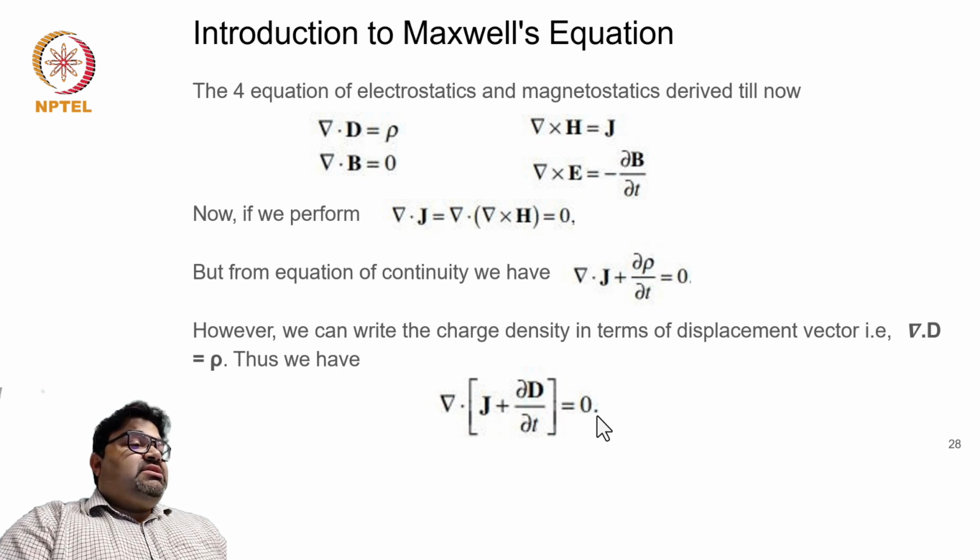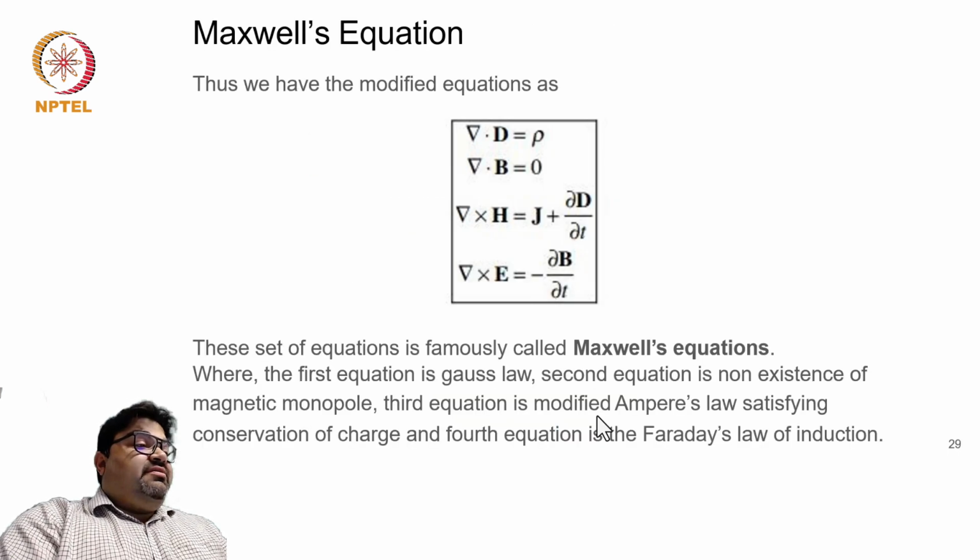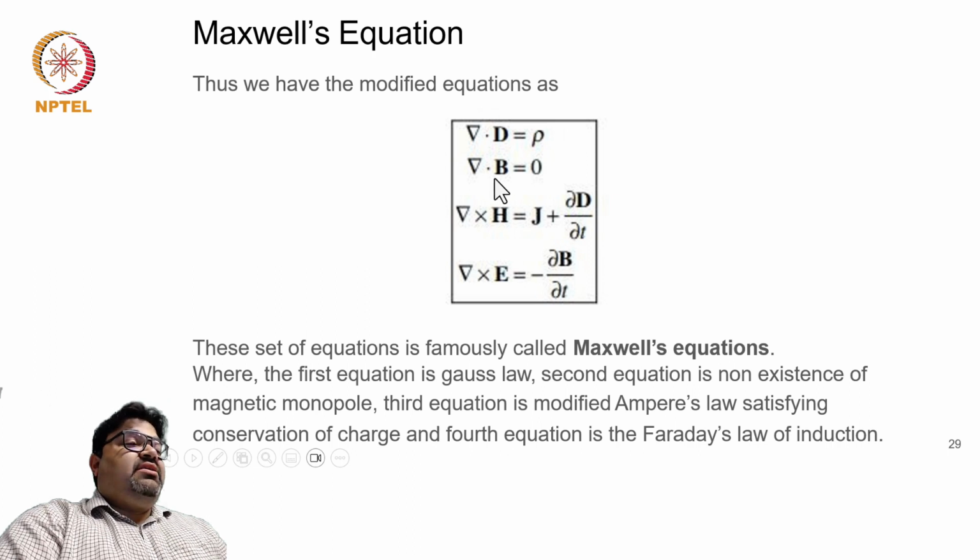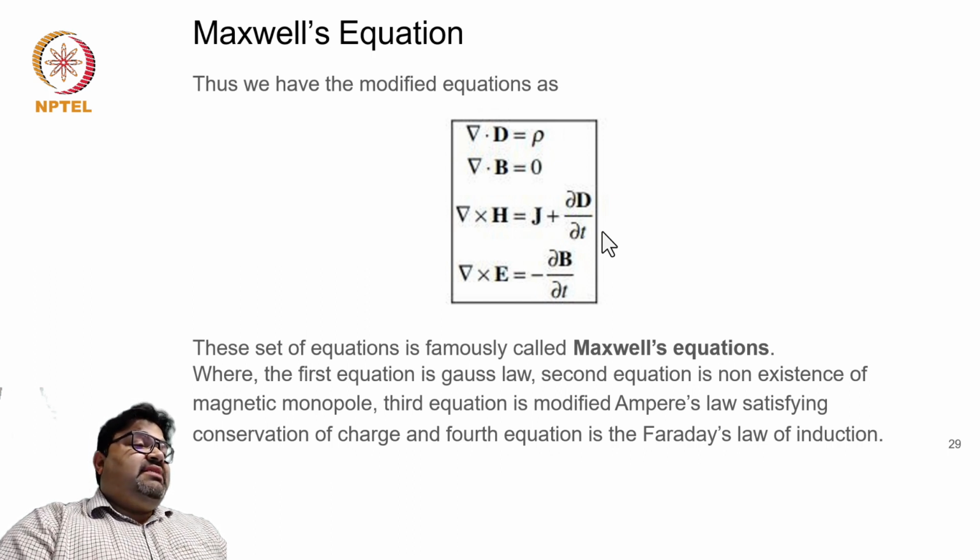Okay, so that's very nice. So we have now the modified equations as del dot D equal to rho, which was already there, del dot B equal to 0, del cross H is equal to the current density plus del D del t, and the final equation, curl of E, is represented by the partial derivative with time of the magnetic field.